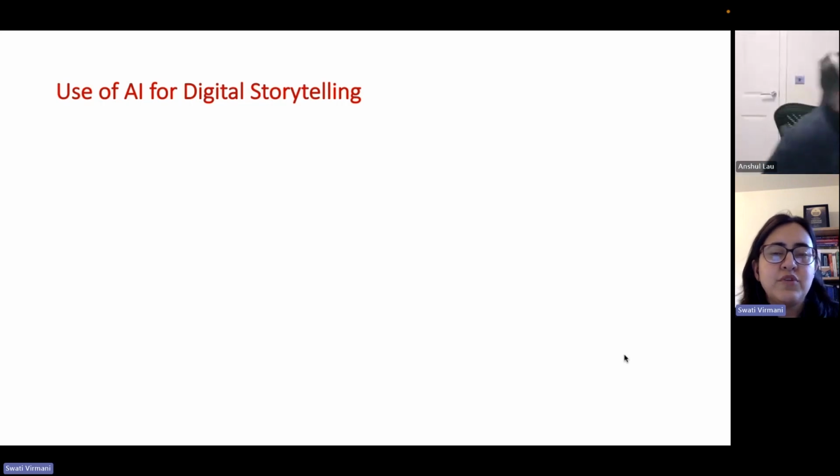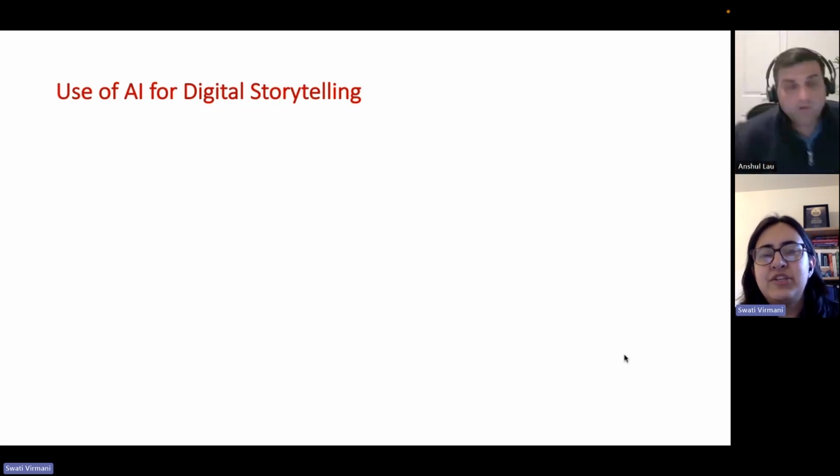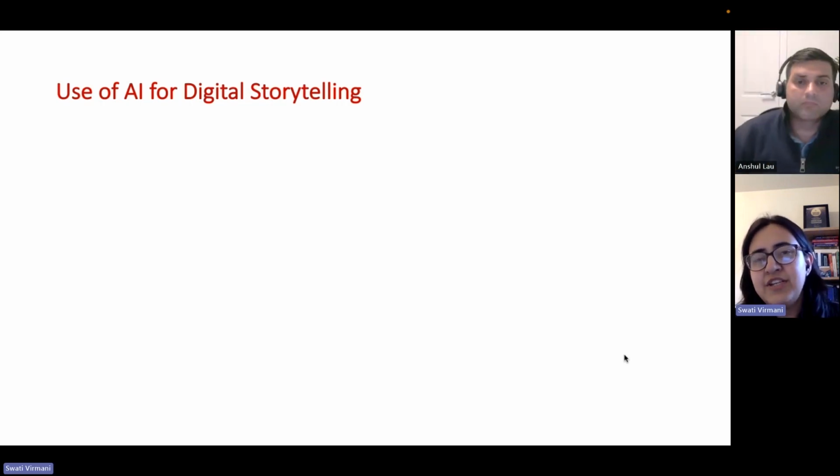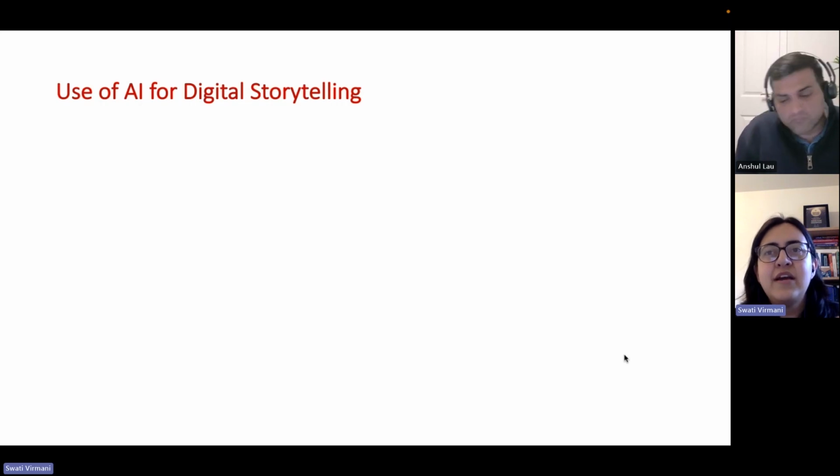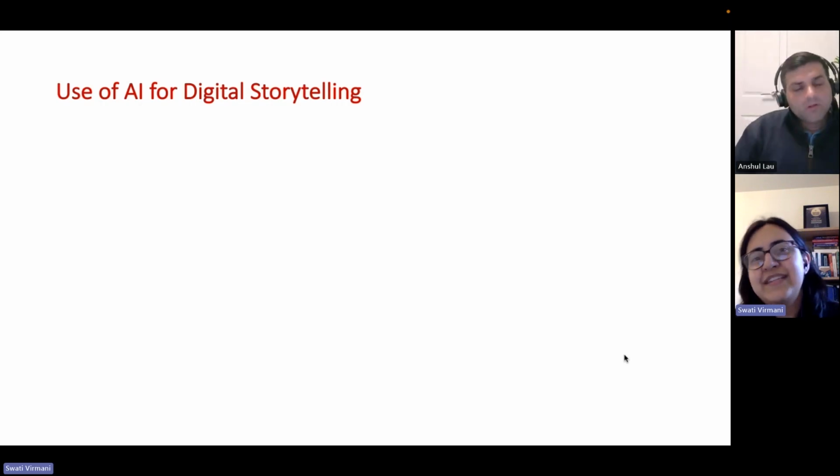You need to give it a bit more description. And that led me to think, what if I ask AI to build a concept scene by scene? So it writes me the entire story, and then I use that response as the next prompt for an image description. And that's what led me to start using AI for digital storytelling.